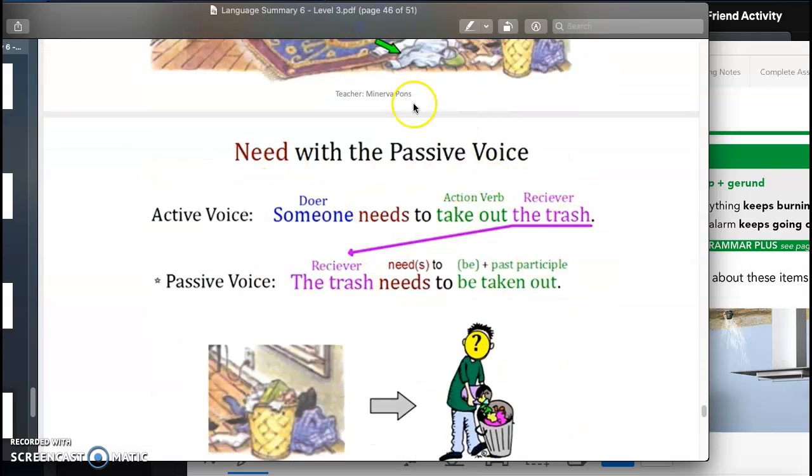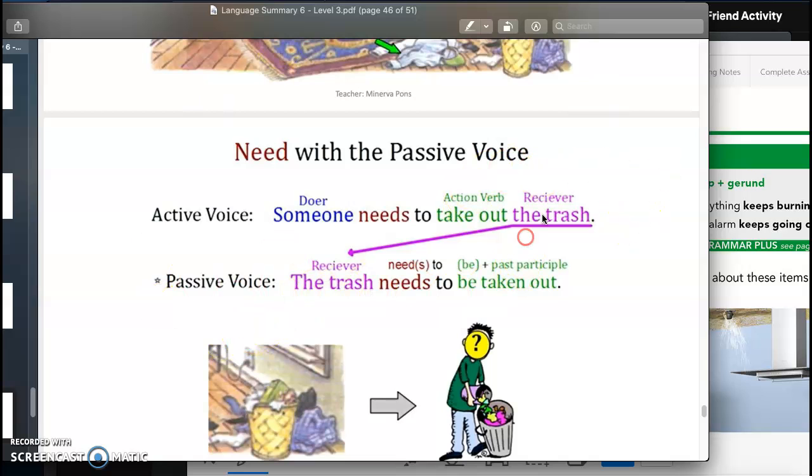In here we have an example with the passive voice in English. Basically we have the active voice, we have a doer, which is the person that does the action. So someone needs to take out the trash. Take out is our action verb, and then the trash is the receiver of the action verb.